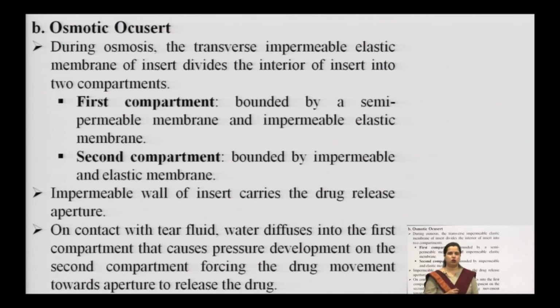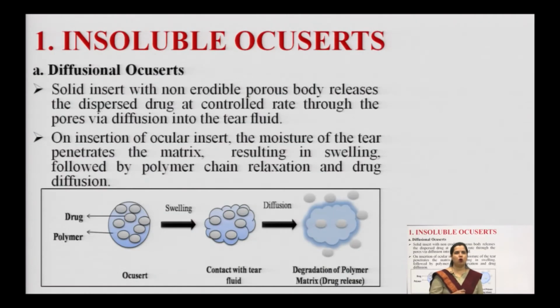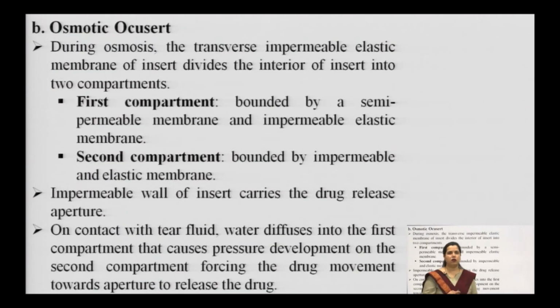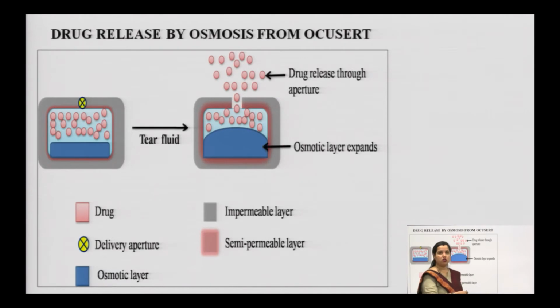Osmotic OcuSert, this is again the insoluble part, the second type. During osmosis, the transverse impermeable elastic membrane of the insert divides the interior of the insert into two compartments, right. So, we will have this picture here.